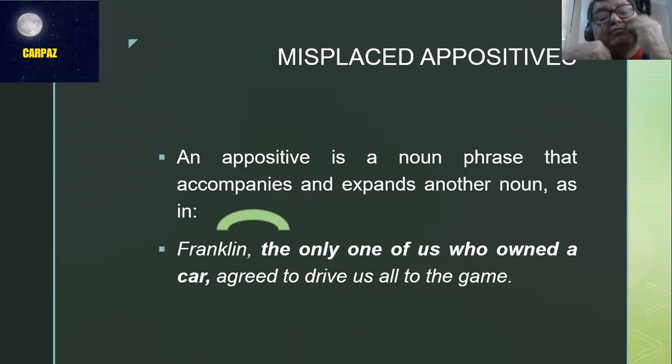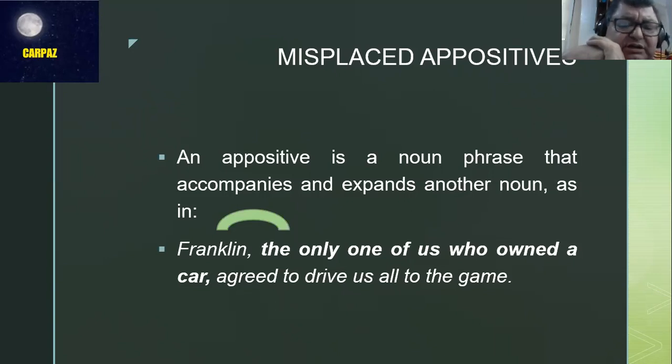Let's see the example. Franklin, the only one of us who owns a car, agreed to give us all a ride to the game. The appositive phrase, the only one of us who owns a car, is modifying Franklin. By law of proximity, they're close.